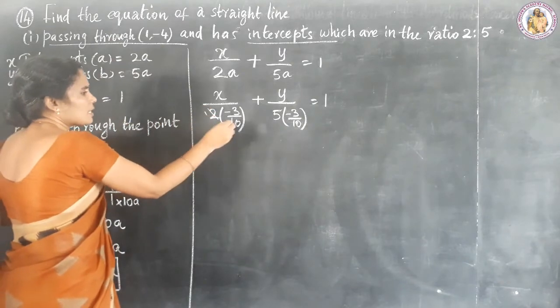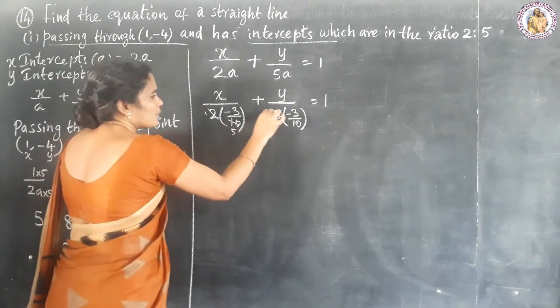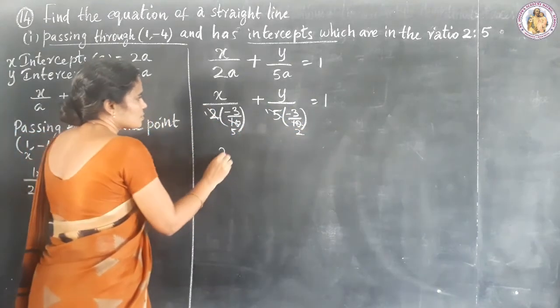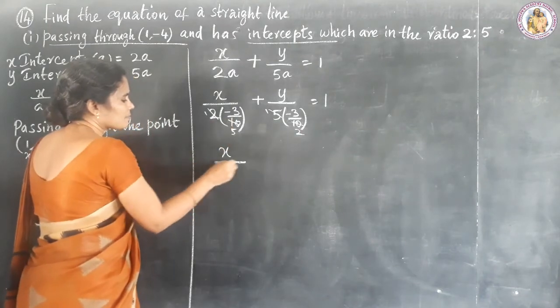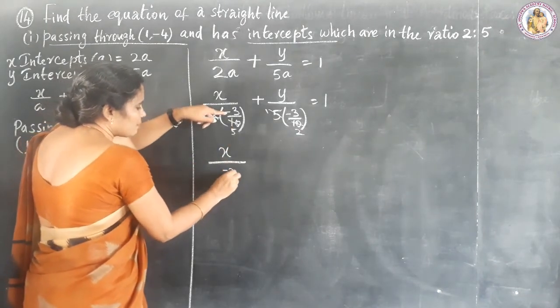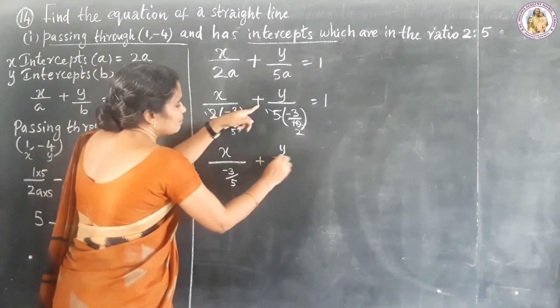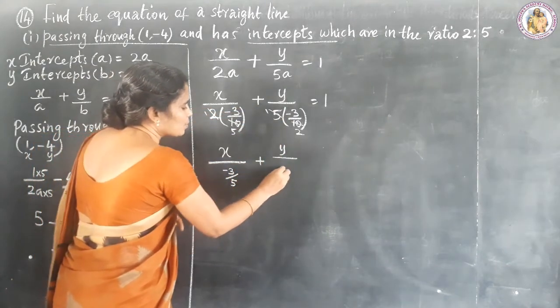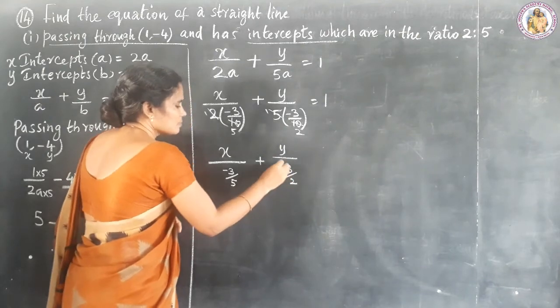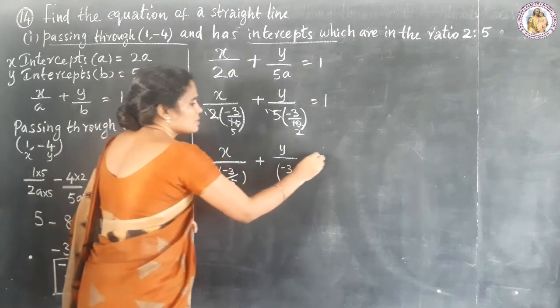Now 2 ones are 2, 5 ones are 5, 2s are. So x divided by minus 3 by 5 plus y divided by minus 3 by 2 is equal to 1.